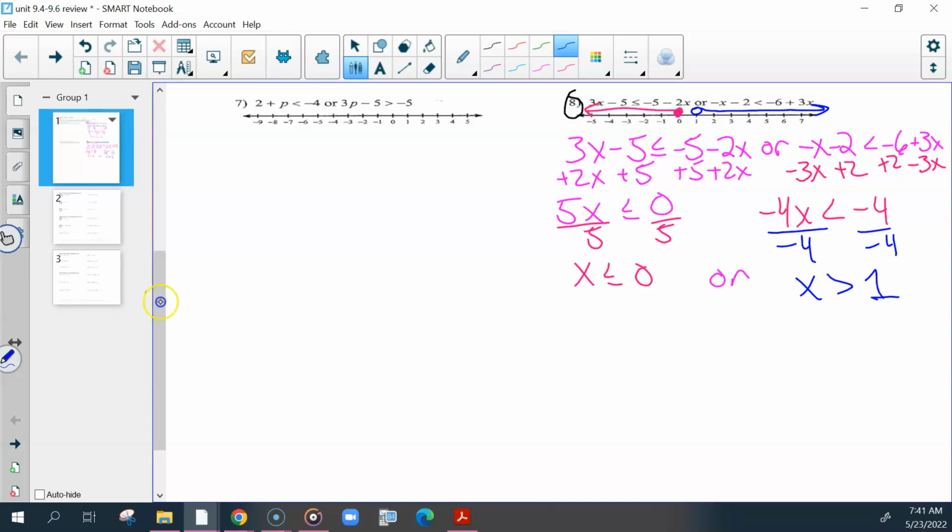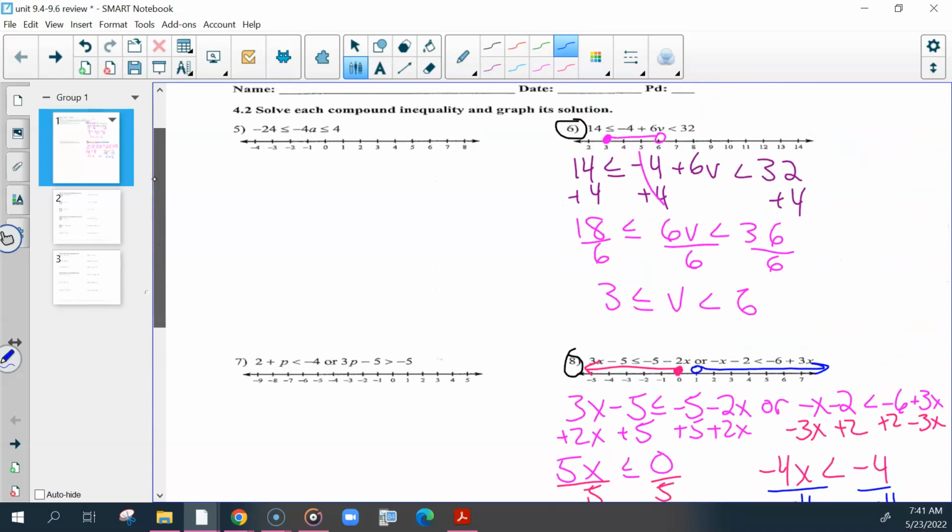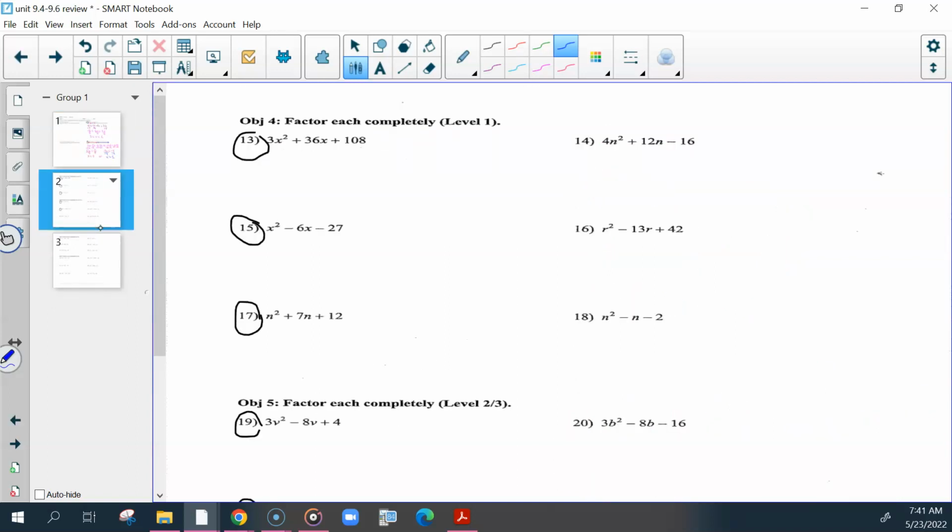Of the other ones on this page, do we want to see or go over 5 or 7? If not, on to the next page. So this page is front and back.